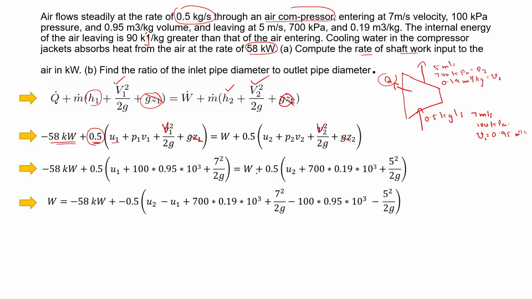If you rearrange this, you will get W is equal to minus 58 kilowatt minus 0.5 into u2 minus u1 plus 700 into 0.19 into 10 raised to 3 plus 7 square by 2g.